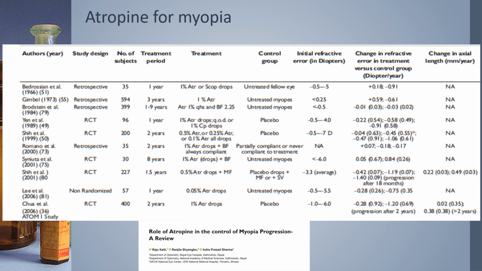Importantly, we should see that they were not really measuring the change in axial length. The bulk of the thought process was based on the fact that it is accommodation which is responsible for the way atropine is working.